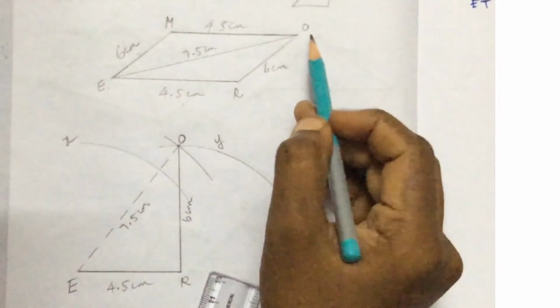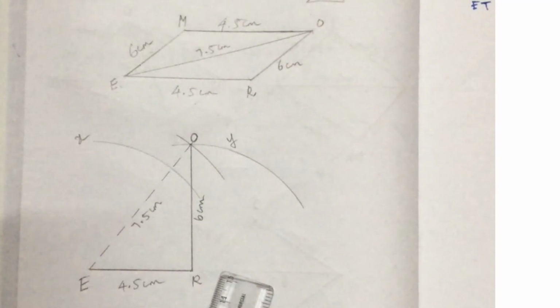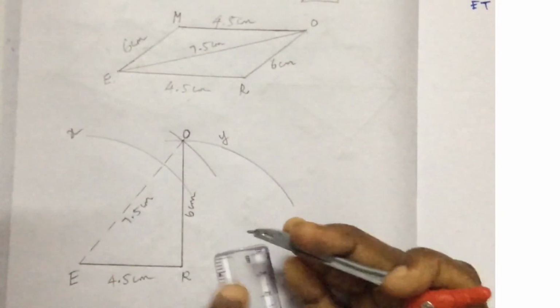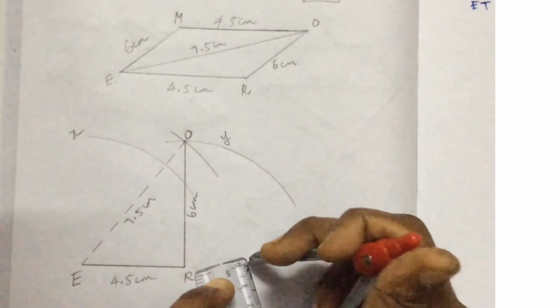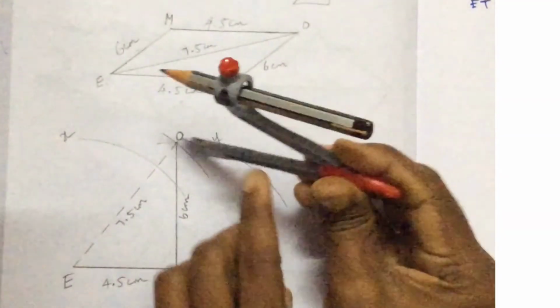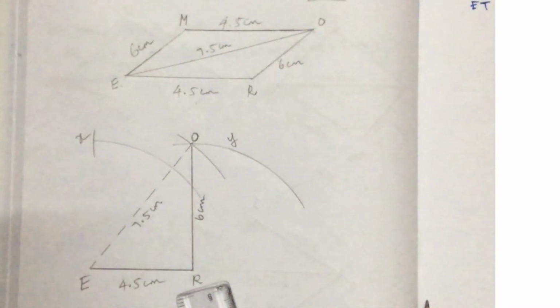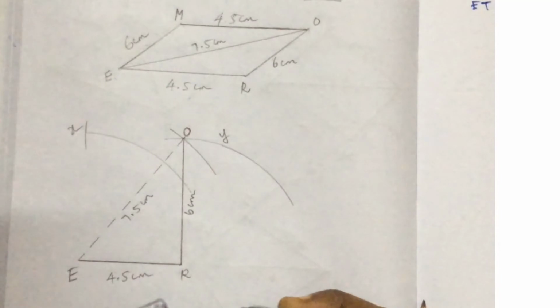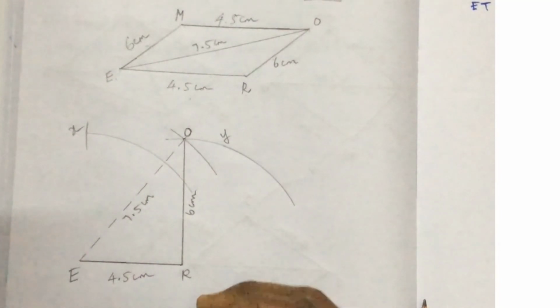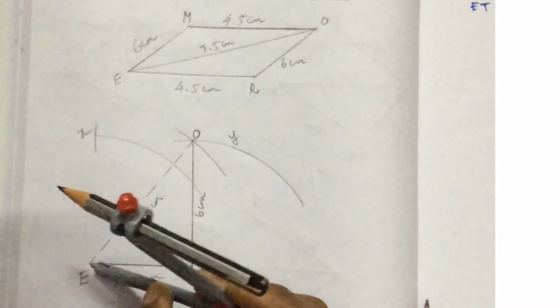Now from O you can draw this line which is 4.5 centimeter. So again I am taking 4.5 centimeter with O as center and cutting this. Again this arc is not sufficient, so I just want to extend that with 6 centimeter as radius.